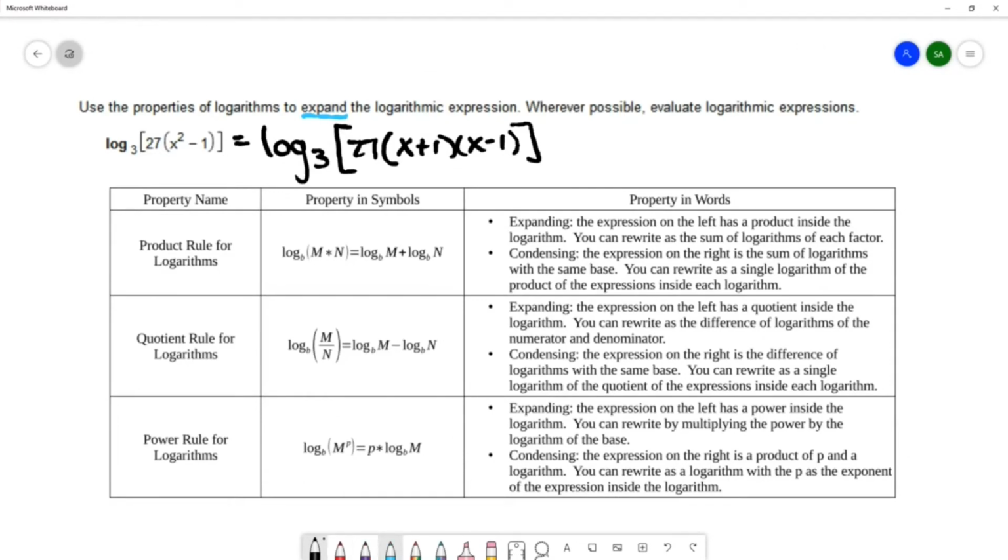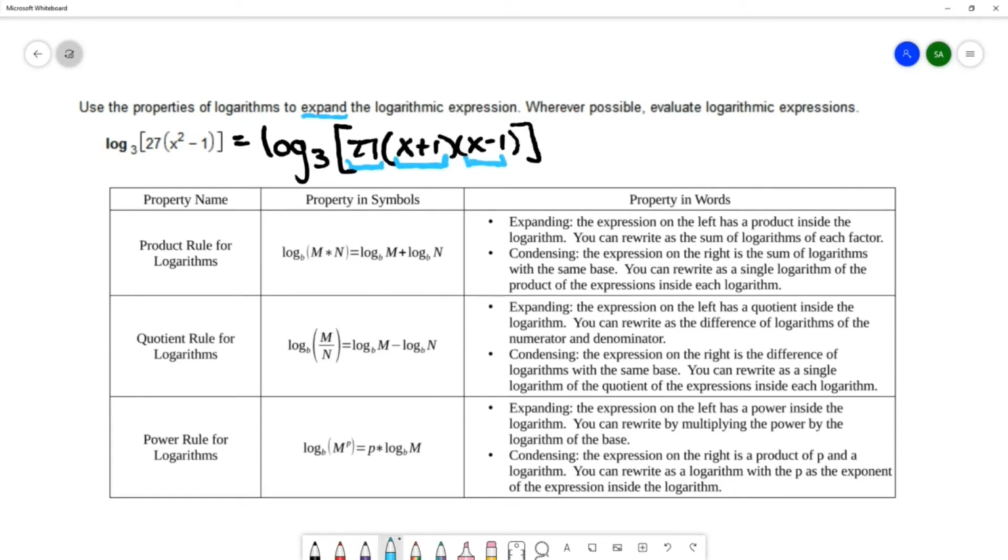And the reason I did that is because that produces an extra factor for us. We have 3 factors. We have a factor of 27, a factor of x plus 1, and a factor of x minus 1.